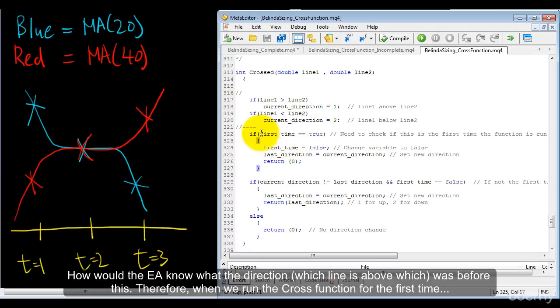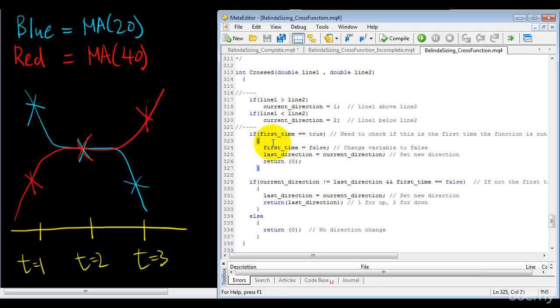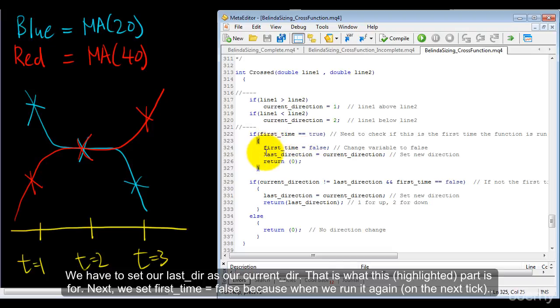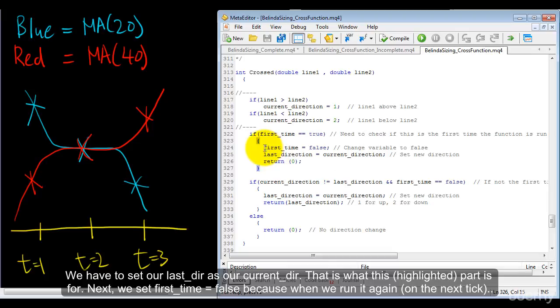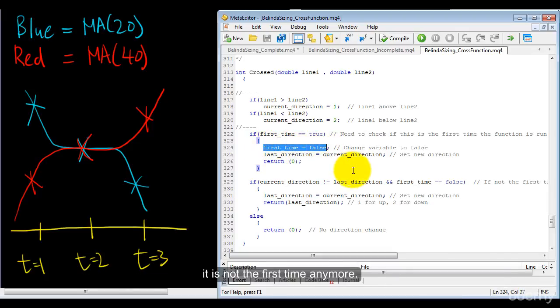So therefore, every time we run it for the first time, we have to first set our last direction as our current direction. That is what this part is for. And then of course we set first time equals to false, because now when we run it again, it's not the first time anymore.